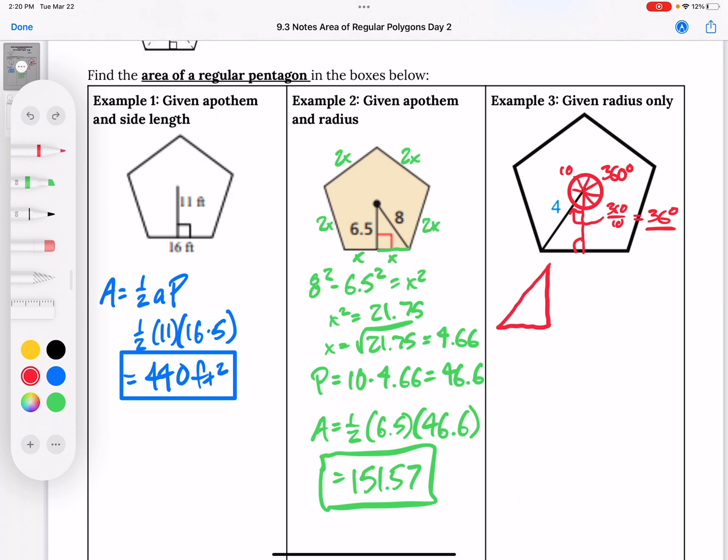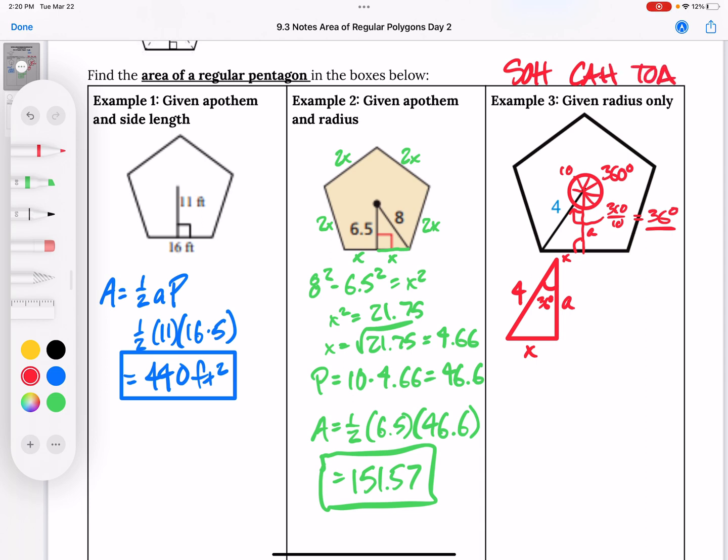So that's the angle. So if I pull this triangle out, it looks something like that. There's our triangle. This angle right here is 36 degrees. I'm given this side length of 4, and I'm given this as A, and this we will call X. Now, remember, when we have a side length of a right triangle and one angle, we can use SOH CAH TOA, trig functions.